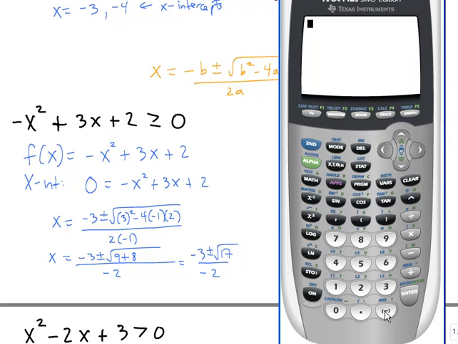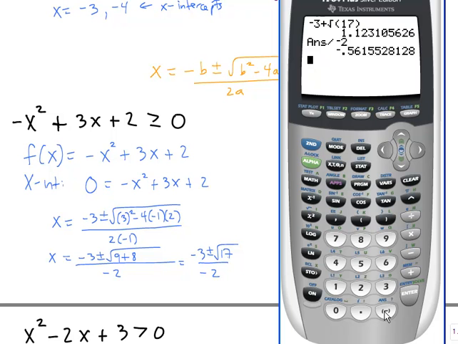So if I do -3 plus the square root of 17, get that answer, and then divide that by -2, one of our decimals here is going to be -0.56.